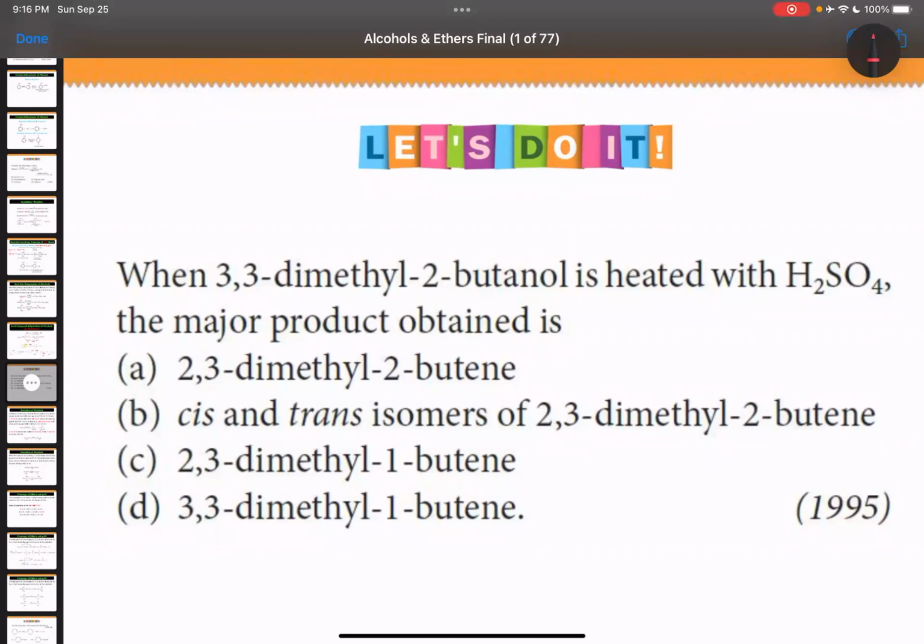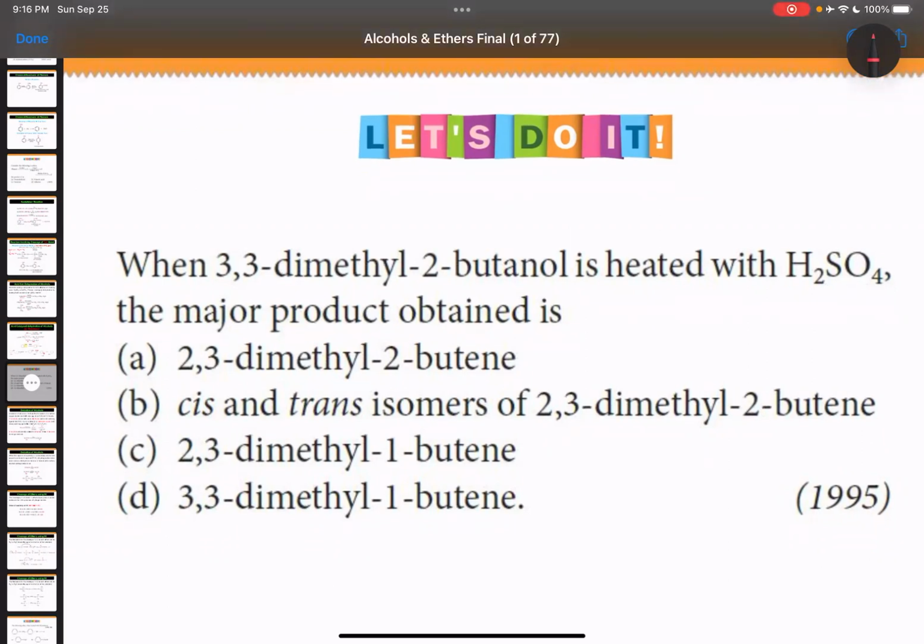Instead of giving you the structure, they try to give you the names, and they ask the names of the product. So what's going to be the answer? Tell me.